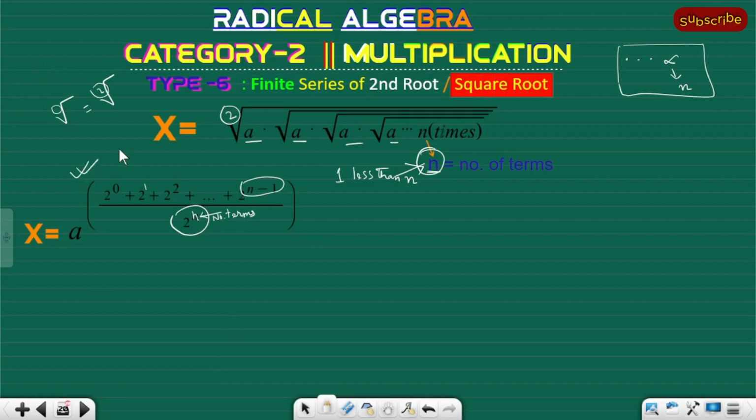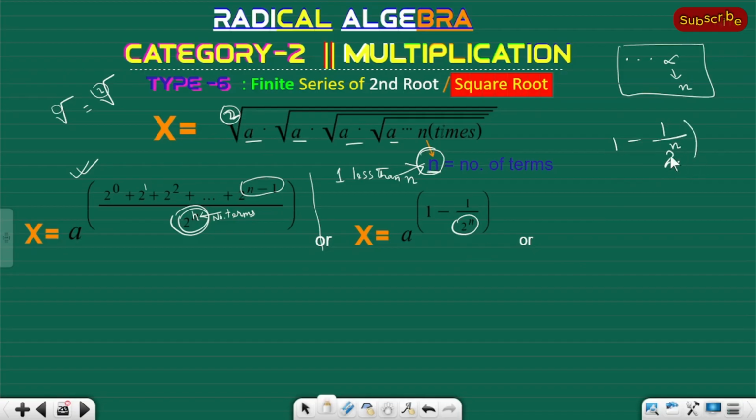In this way we can solve, or we can solve by using the direct formula here. A raised to the power 1 minus 1 by 2 to the power n in the denominator. If it is square root, take 2. 1 minus 1 by 2 to the power number of terms.